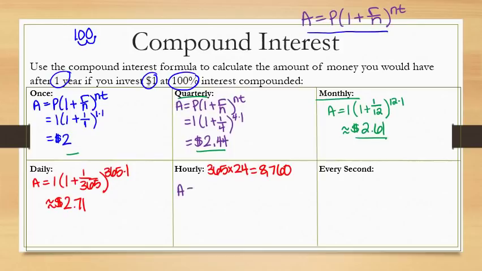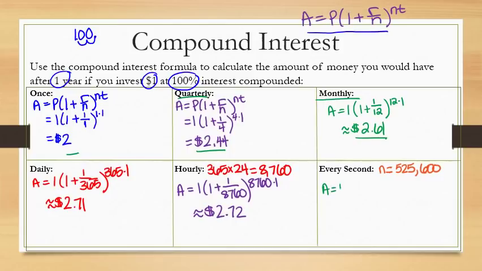All right, so amount equals the principal times (1 plus the rate divided by the compounding time), all to that compounding time times the number of years. And that gives you about 2.72. Every second: in a 1-year period, there are 525,600 seconds, so it's going to be compounded that many times in a year.